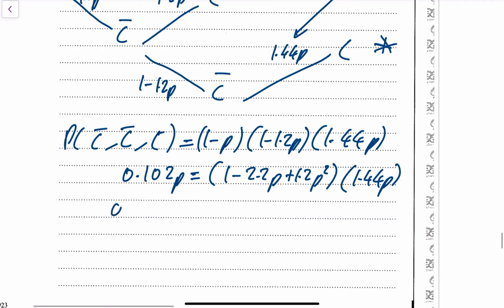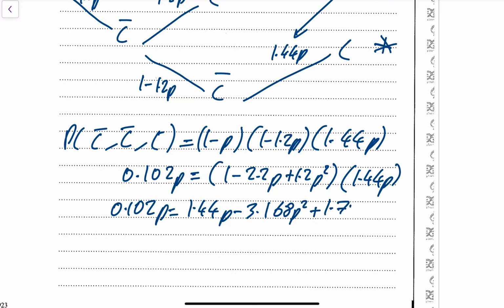And then if you multiply that out again, you have 0.102p, and on the right hand side that's going to be 1.44p minus 3.168p squared plus 1.728p cubed. Bring it all to one side, put it equal to 0.